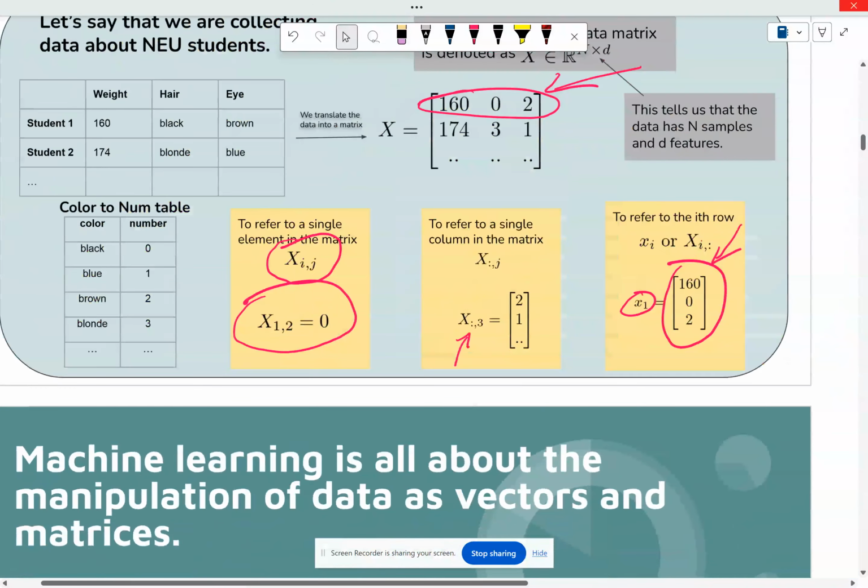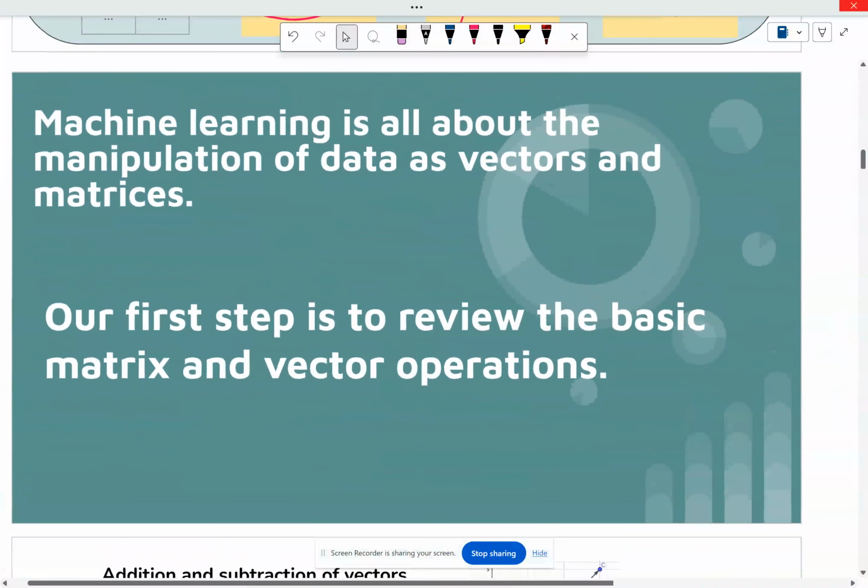Okay. Now, in machine learning, when it comes down to it, it's all about the manipulation of data, either as vectors or matrices. That's basically all we're doing. We somehow represent the data, do some kind of calculation on it, and then we're done.